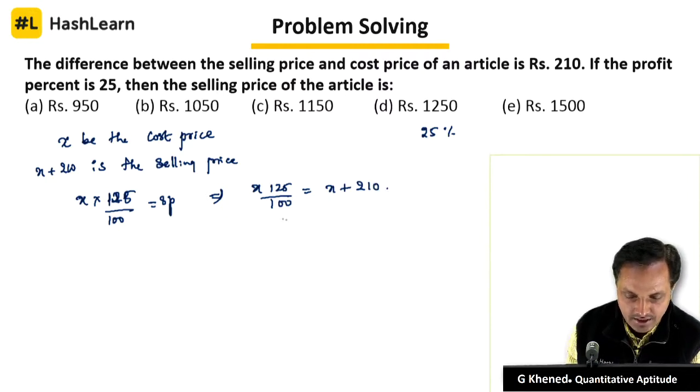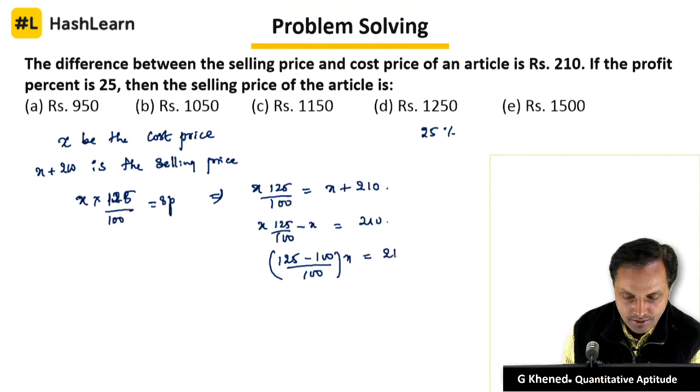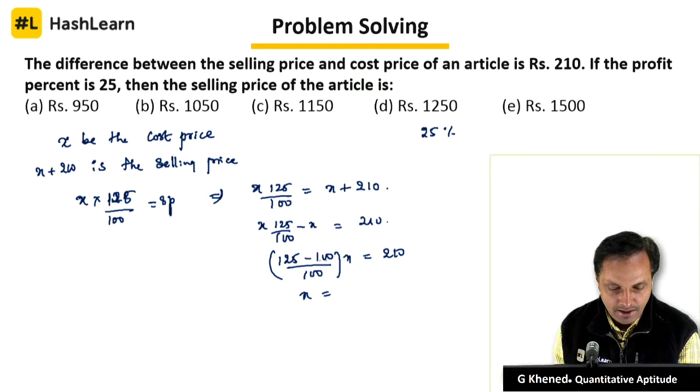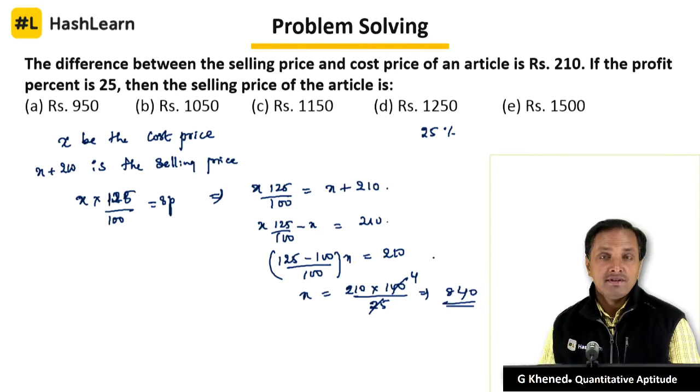Once you shift the terms, 125 minus 100 by 100 into X will give you 210. So your X will be equal to, when you cross multiply, 210 into 100 divided by 25, that will give you 4 2s are 8, so 840 rupees.